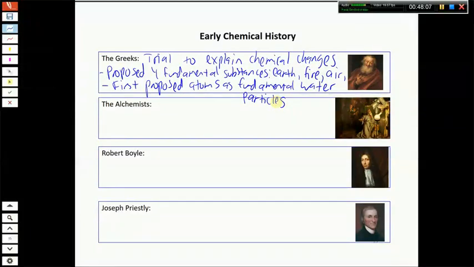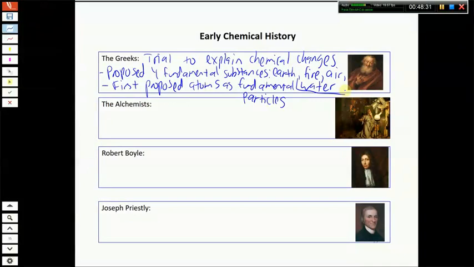Anyway, they first proposed atoms as fundamental particles, which was kind of wild because they had no way of really knowing they were there. They just came up with this idea that all these substances must have these little tiny building blocks, we'll call them atoms. And atom comes from a Greek word, I don't know if my pronunciation is correct, atomos, A-T-O-M-O-S, which I think means building block or small unit or something like that.